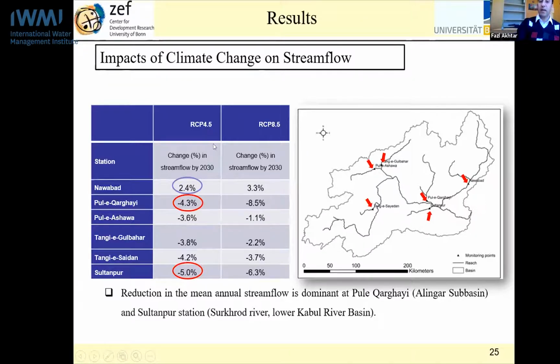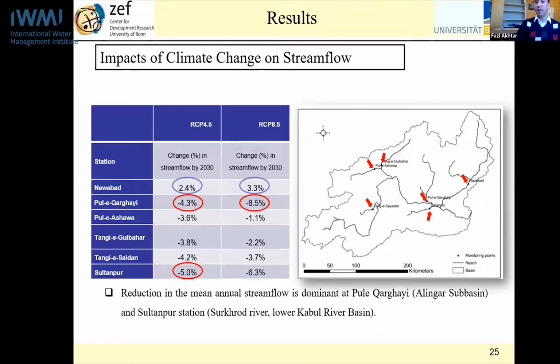And then under the RCP 8.5, we observed that there was a 3.3% increase, or rather more, if this situation gets worsened. Under this scenario, Nawabad might expect more stream flow. The consequences could be discussed later. But Puli Kargai here is completely snowmelt, like others. An 8.5% reduction was expected to happen here in the mean annual flow.